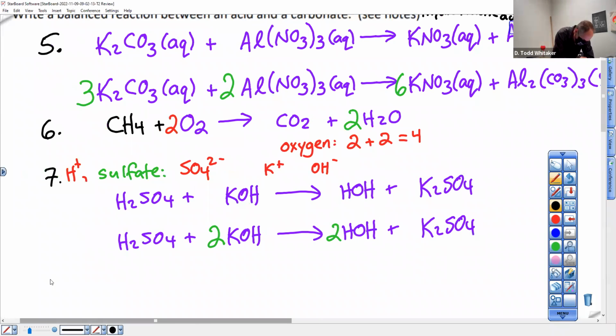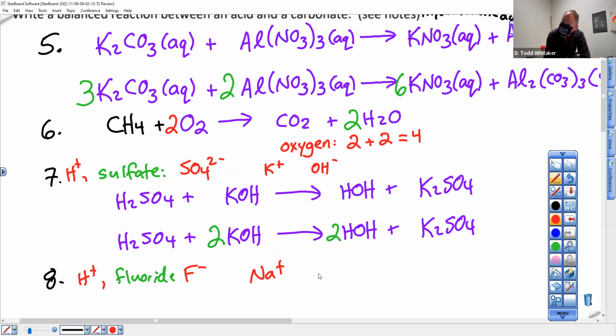H plus and fluoride, which is F minus. And sodium carbonate. Sodium is Na plus, carbonate CO3 negative 2. Good. So you can come up with the formulas now.